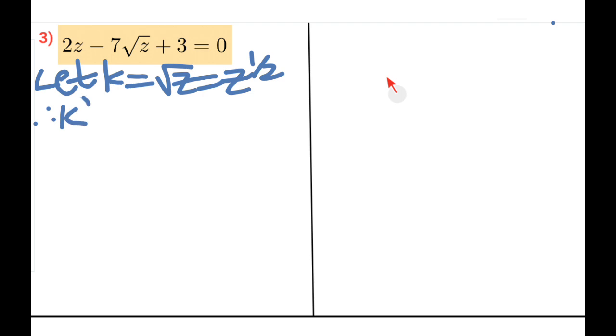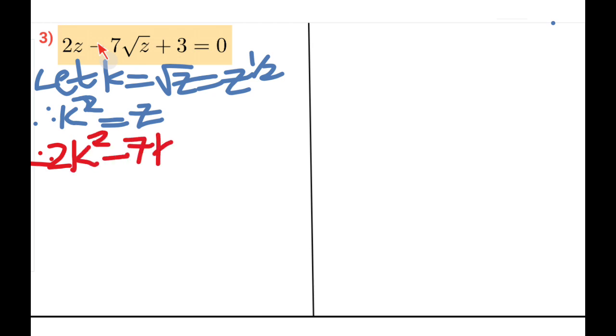Therefore, k squared is equals to z, because that is z to the power of half squared. All right. Now you express the original equation with k instead of z. So that becomes 2k squared minus 7k plus 3 equals to 0.